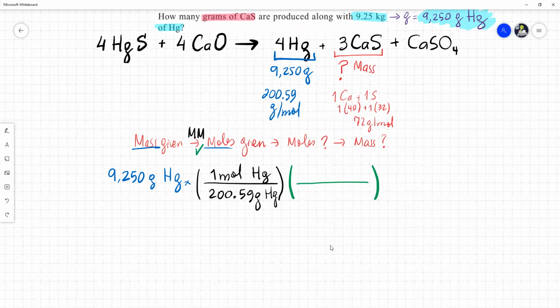That's the molar mass. I mean the molar ratio. Remember that from moles to moles, what you have is molar ratio. And we are relating mercury and calcium sulfide. So the molar ratio is going to have 4 and 3. That's the ratio. Where are you going to put mercury, up or down? Down. 4 moles of mercury down. Therefore, calcium sulfide is going to be up.